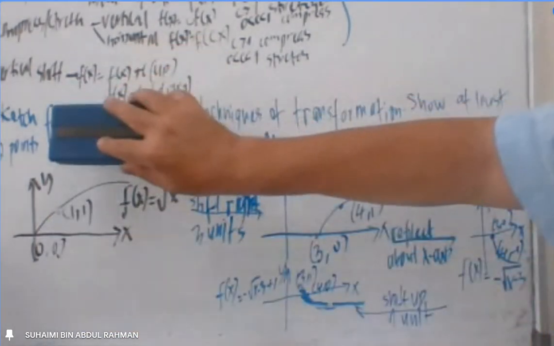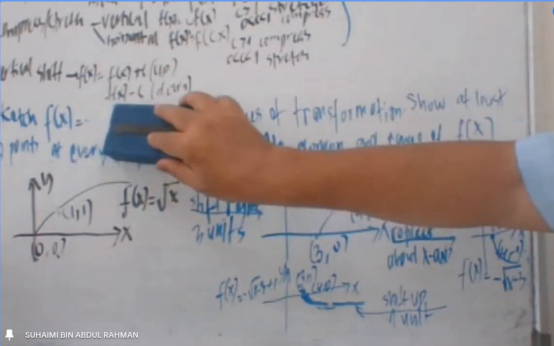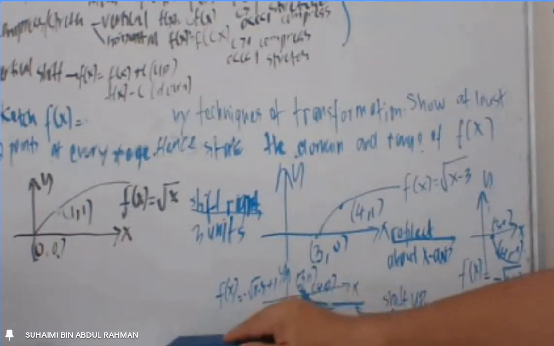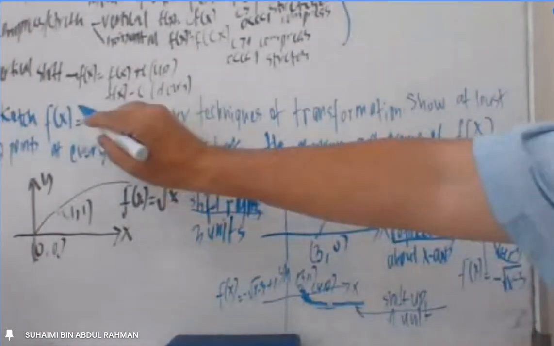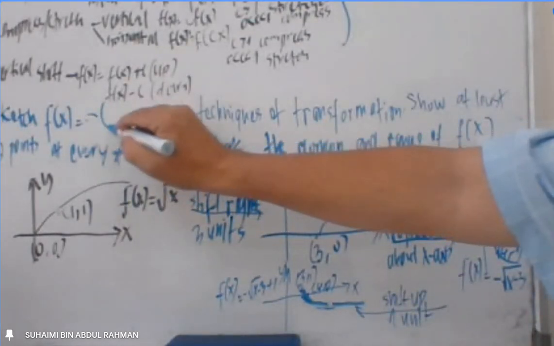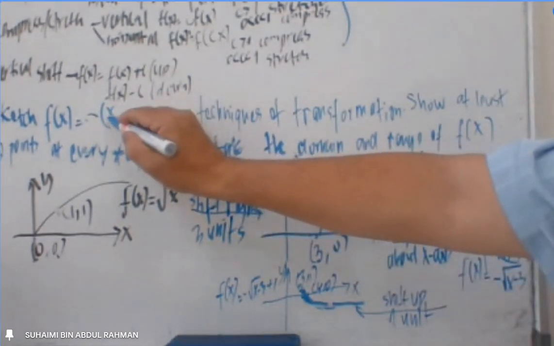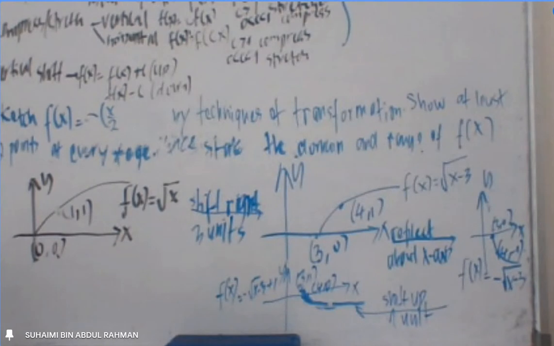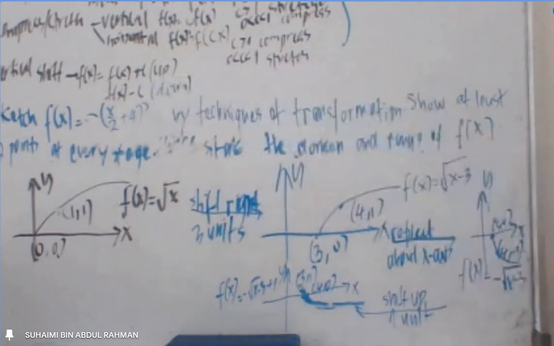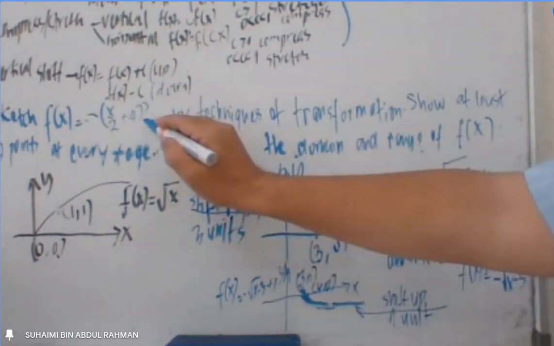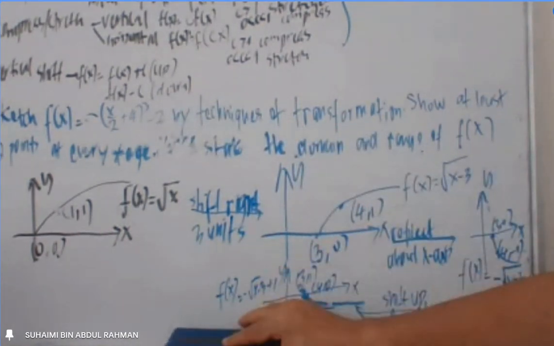Let's say the new function is minus x over 2 plus 4, power of 3, minus 2. A new function.